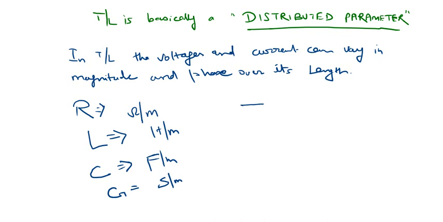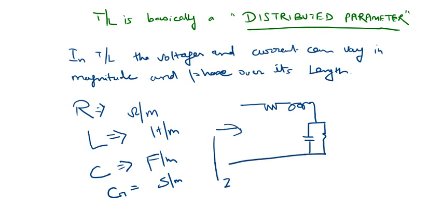So generally this is your line with R, L, C, and here you have G. This is your generator end, and this is your load end. Here you are connecting the load.